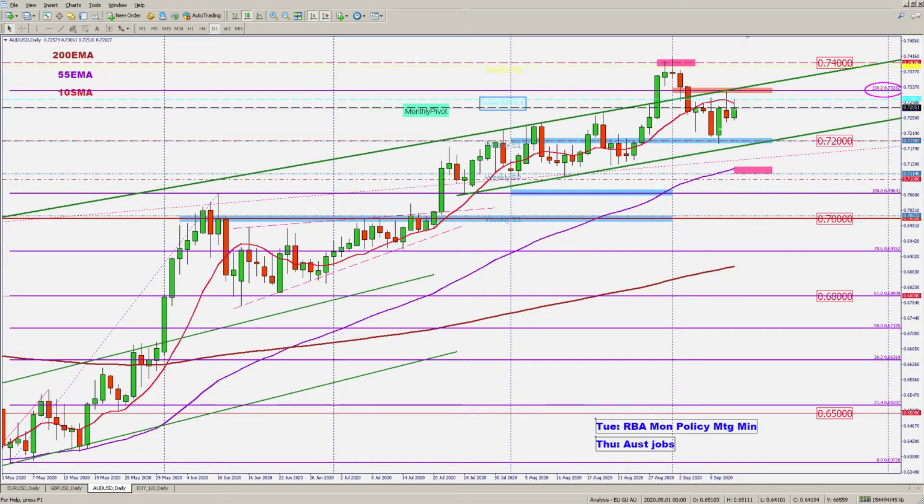If it does weaken, then there's a possibility it could come down to the next support zone near the 55 EMA, just above 0.71.